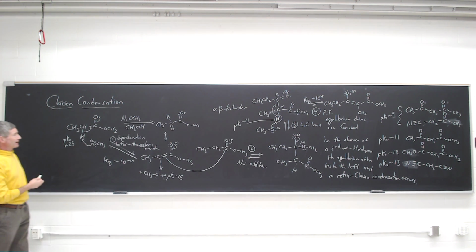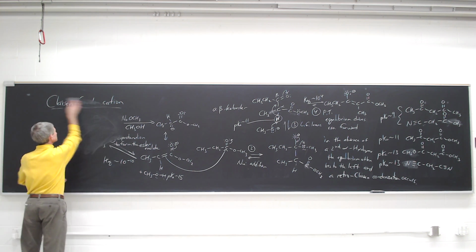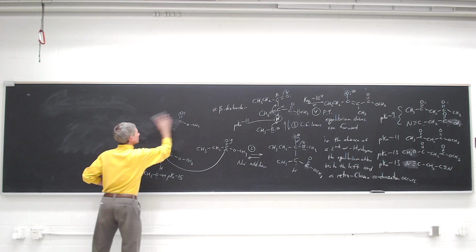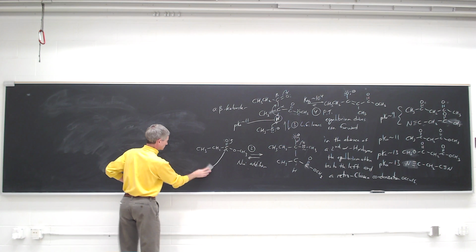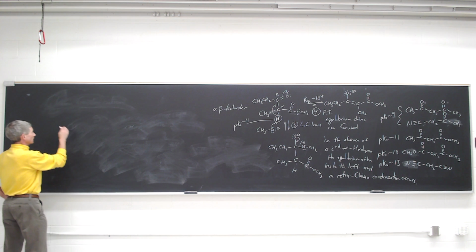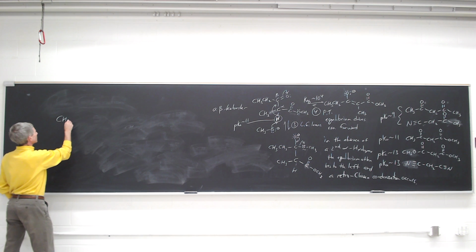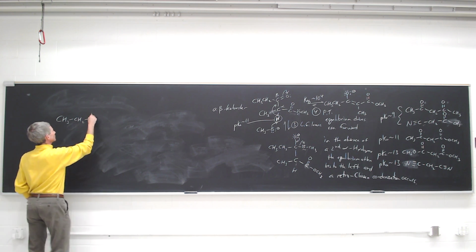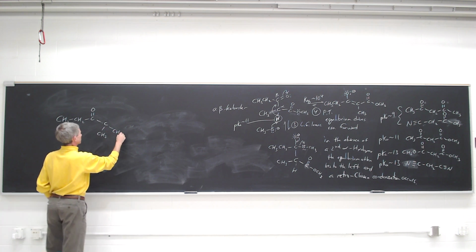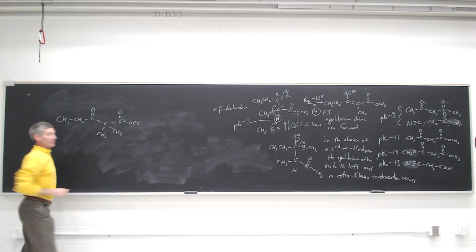So if you have made a beta-ketoester, it has no hydrogen on that carbon between the two, right?